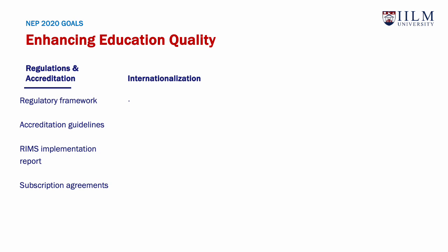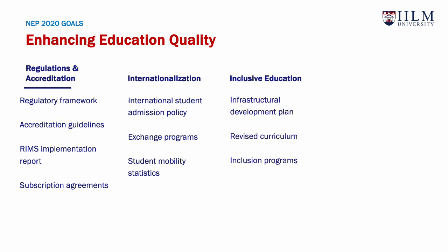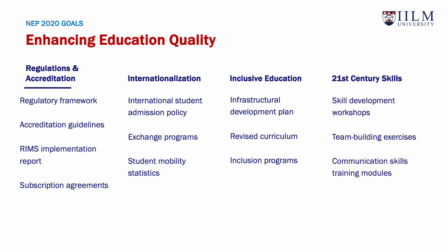Promote internationalization by allowing more international students to study in India and by increasing student mobility. Promote inclusive educational structure and culture through infrastructural support and curriculum changes. Emphasize education that increases skills like critical thinking, problem solving, teamwork, and communication.